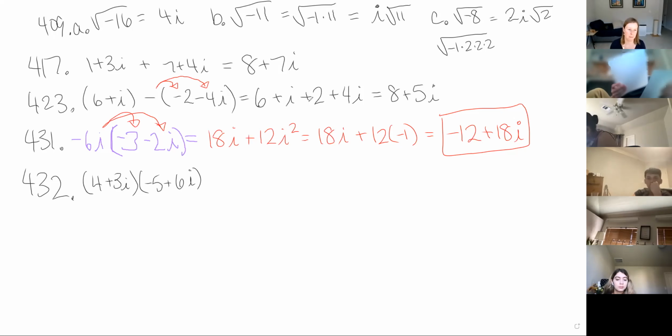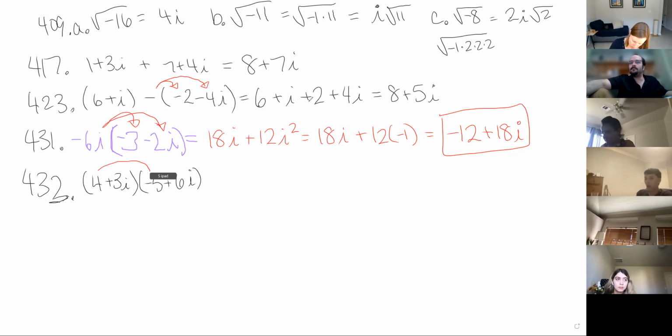Is this multiplication? Oh, I guess it's 433, not 432. Okay, 433. Sorry, I miswrote it. I distributed like you would multiplication, but after doing the last couple, I feel like that's wrong. Oh, you distribute because there's no symbol in between the parentheses. They're just touching. That means it's multiplying.